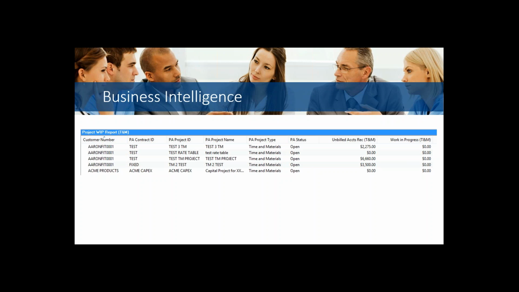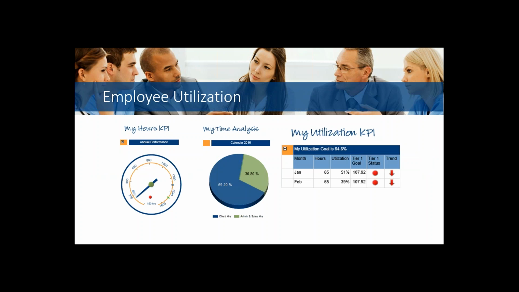If I move further, I can utilize project accounting for employee utilization. And what I have here are examples of KPIs. You can produce these using SQL reporting services or BI 360 or reporting packages that are out there.